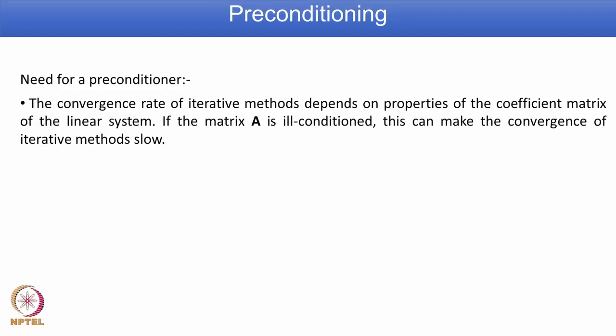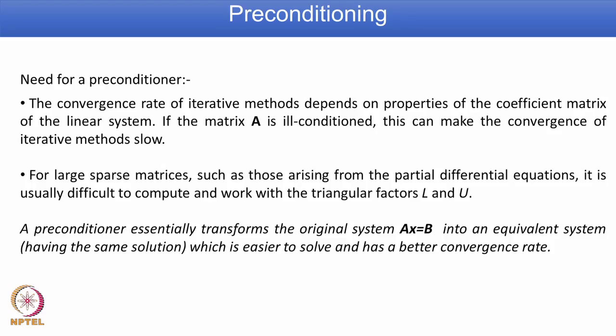Need for a preconditioner: the convergence rate of iterative methods depends on properties of the coefficient matrix of the linear system. For example, if the coefficient matrix A is ill conditioned, then convergence of the iterative methods becomes very slow. And for large sparse matrices, which usually happens when you deal with PDEs for fluid dynamics or heat transfer, it is usually difficult to solve with the help of LU decomposition.